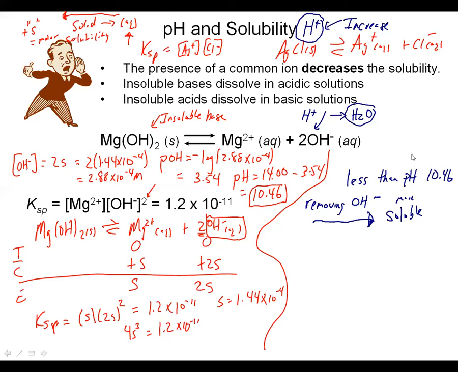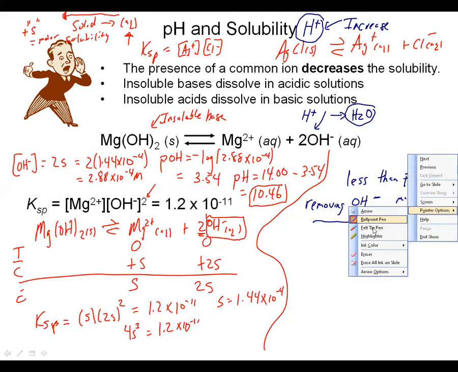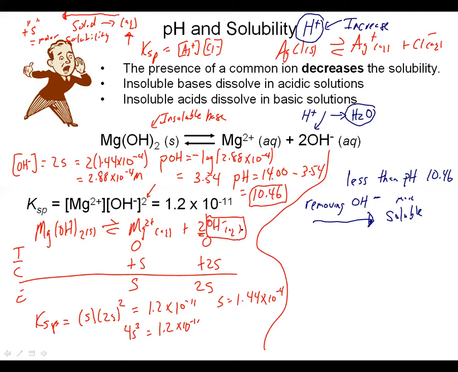Now, if we did the opposite and decided we're going to bring the pH above 10.46, the only way to raise the pH is for the OH minus concentration to go up.